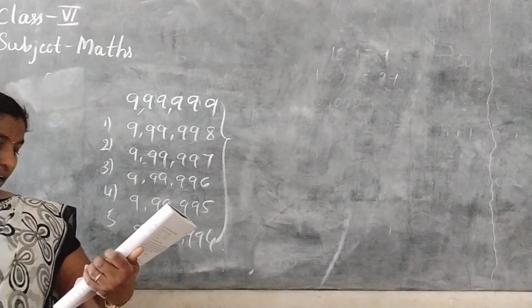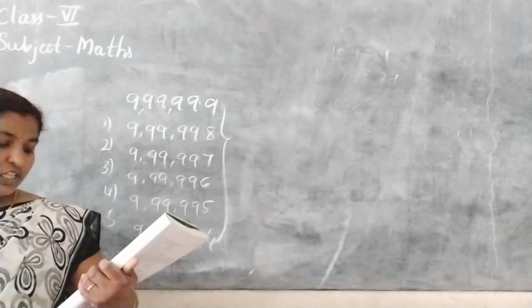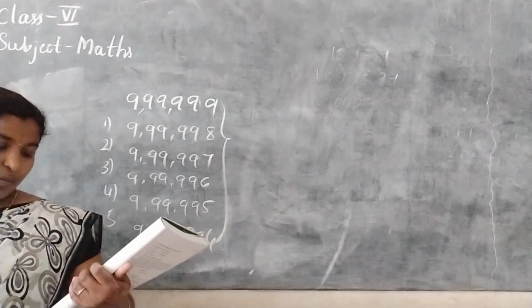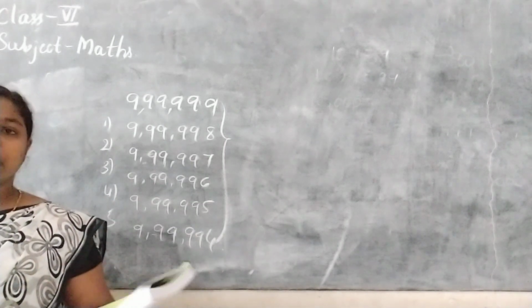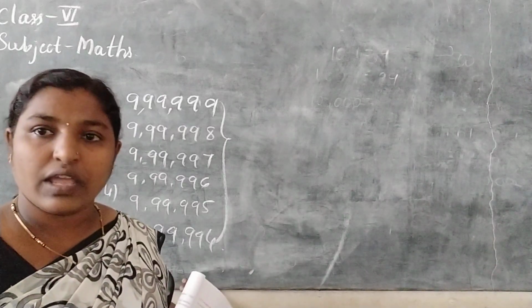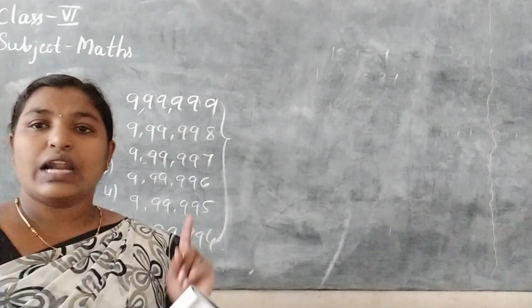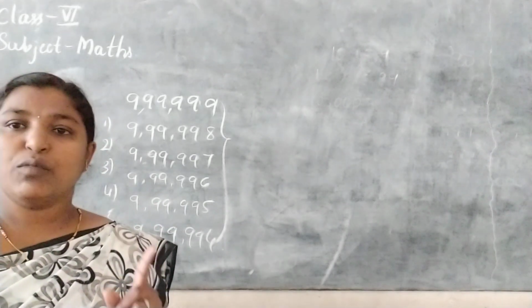Third one: starting from the smallest 8-digit number, write the next 5 numbers in ascending order. Note this down anywhere, because I will give these Try These for homework, and you may feel difficulty at that time.